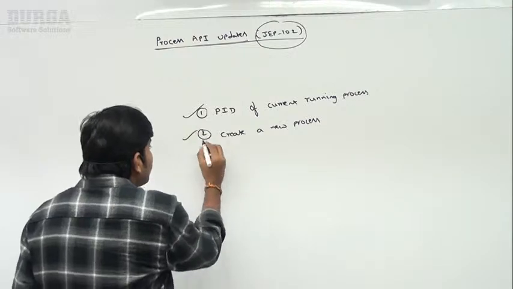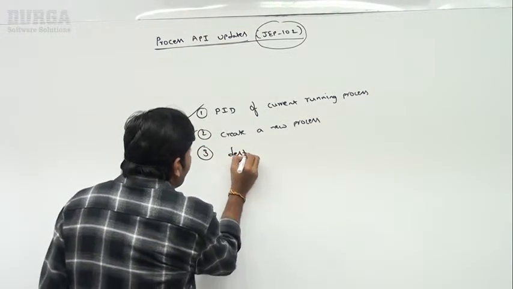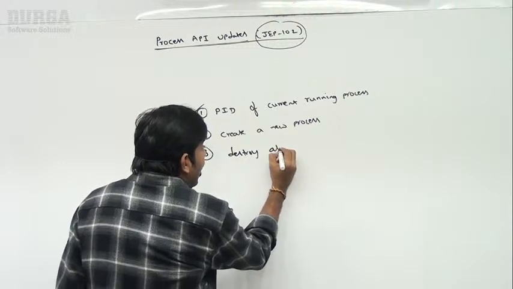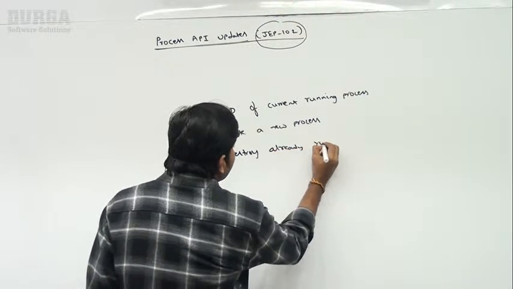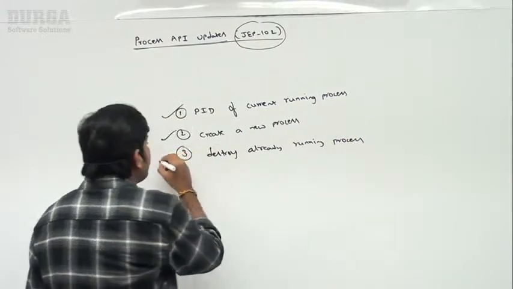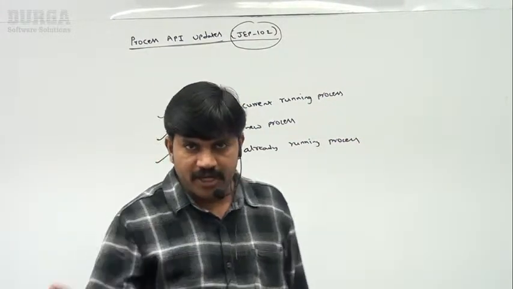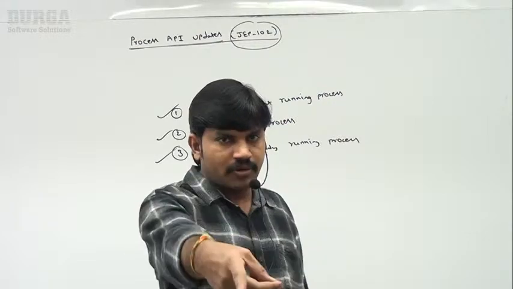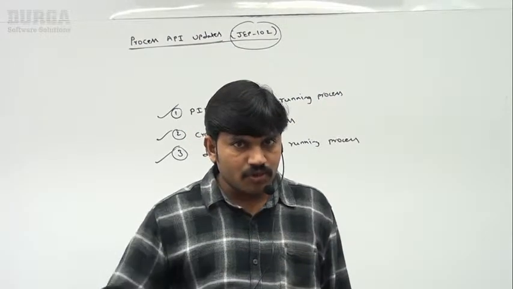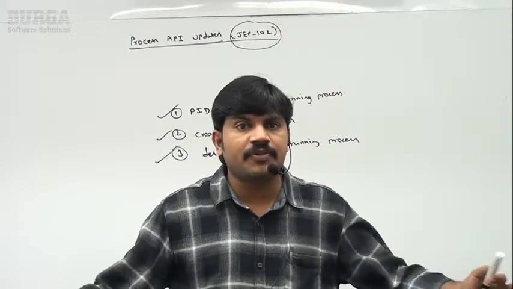Next, from a Java program, we can destroy an already running process very easily. Sir, suppose Notepad is currently running with the abc.txt file. Write a program to close that Notepad, and automatically your abc.txt file will be closed.